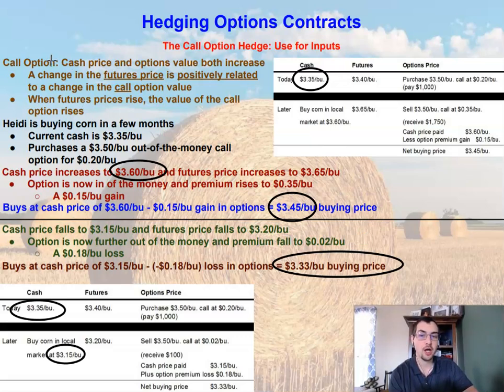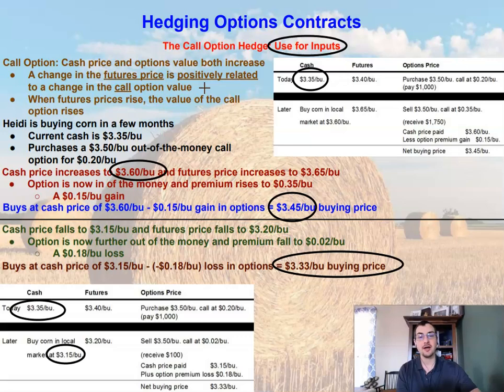So, a quick little recap. Whenever we're dealing with a call option, we're going to use it to hedge the prices of inputs. We're going to use the call option whenever we're going to be buying things. We're going to use the gains in the options contract, if there is a gain, to offset the additional cost we're going to have to pay in the cash market.